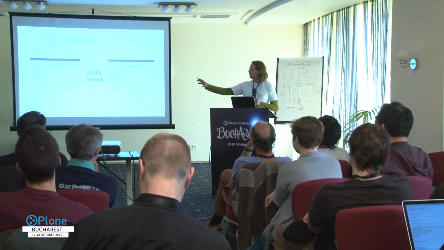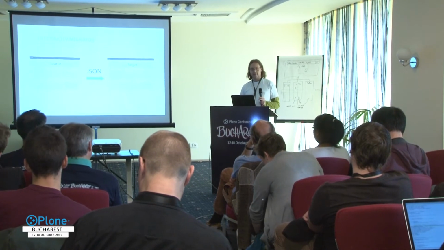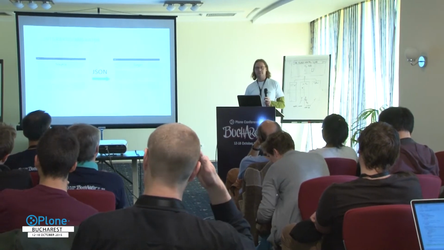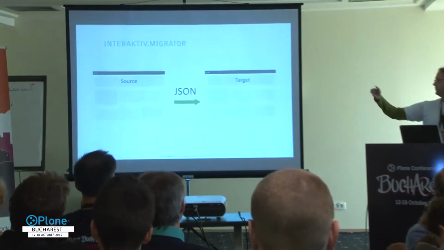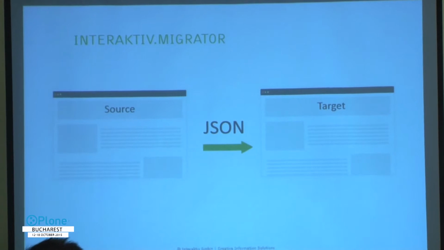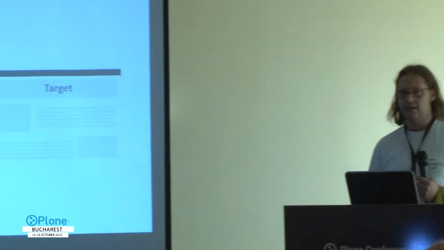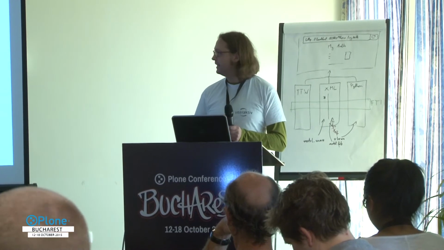We have our old content on the source side, and we then fetch all the data for each item individually and post the data via an API-like approach in JSON format to the target site, where we have a clean database, we have a new Dexterity code base, and the content is created each item anew. So we get a new and fresh database, which could be very practical in some cases, for example, if you have some junk from old products in it.